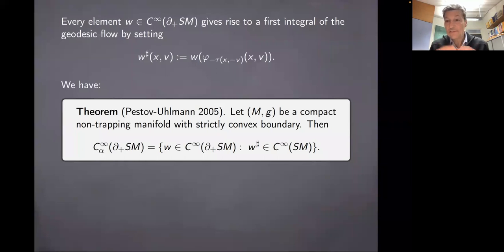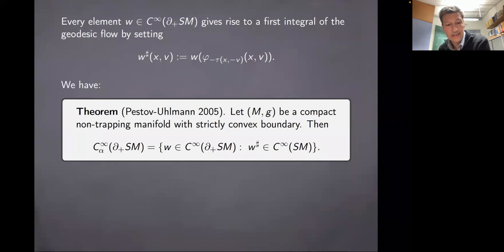C-infinity first integrals are essentially given by this process, as long as you begin with a function on the influx boundary that comes from one of those C-infinity functions on the whole boundary of the unit tangent bundle which are invariant under the scattering relation. So this is a very nice way to characterize C-infinity first integrals of the geodesic flow just by going to the boundary and seeing what is happening there.